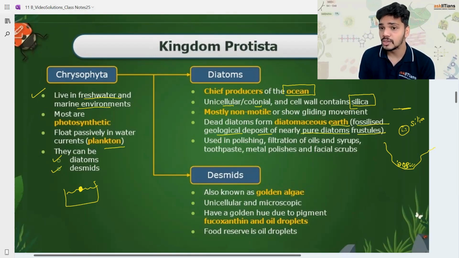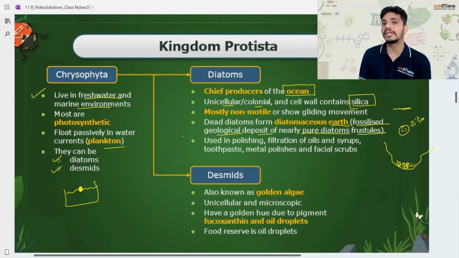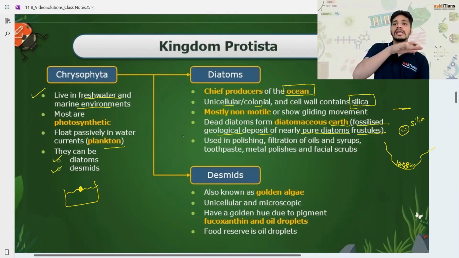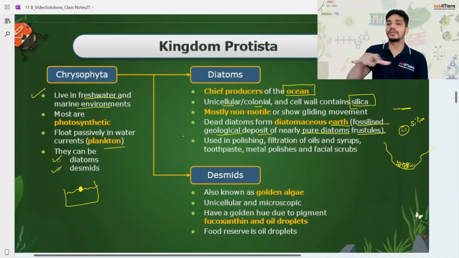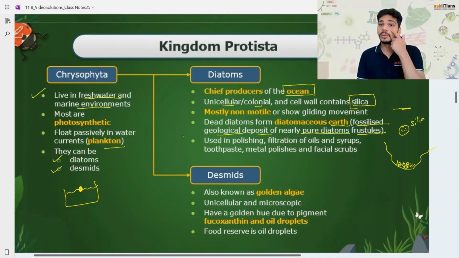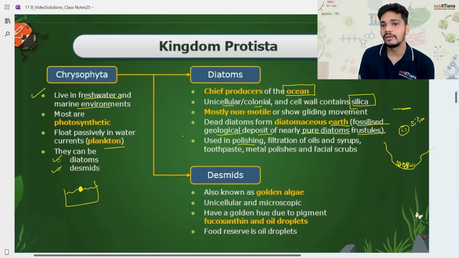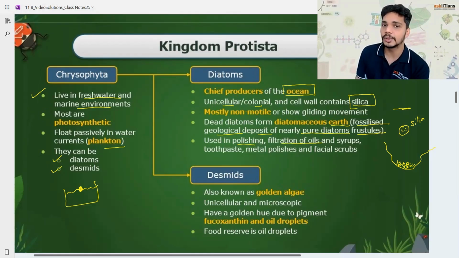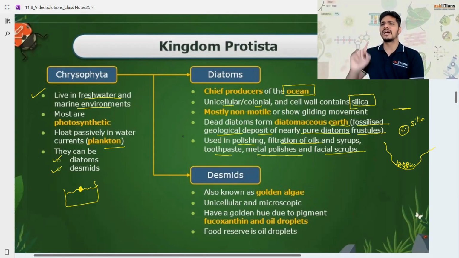They form the diatomaceous earth layer in the form of silica. And that is used in polishing, filtration of oils and syrups, toothpaste, metal polishes, and facial scrubs, because that is a rough surface of silica, right? So that is very useful.